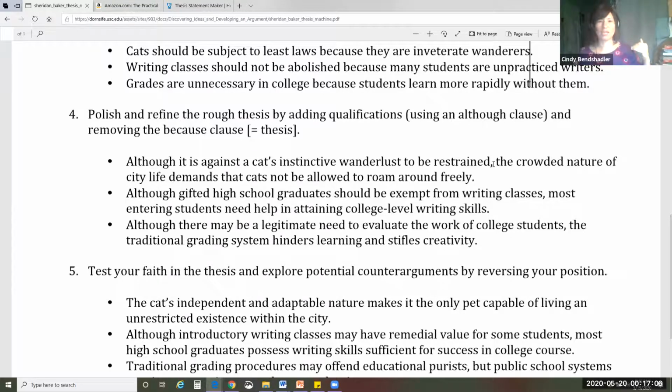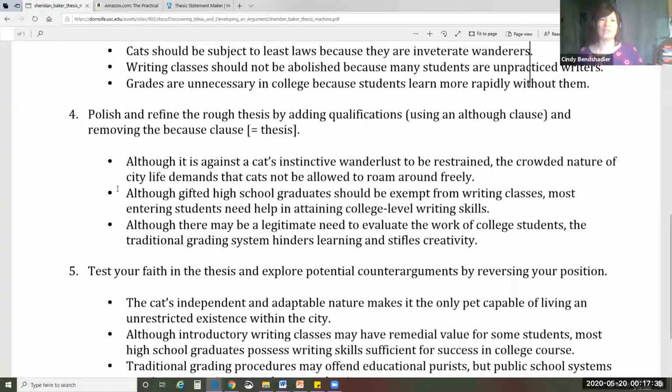In the third example, the although is, hey, there might be a legitimate need to evaluate the work of college students. So it's saying, okay, here's a limiting factor. We do need to have some sort of a form of evaluation. It's still going to argue that the traditional grading system, the A, B, C, D, F, hinders learning and stifles creativity because people are focused on getting a specific letter grade.